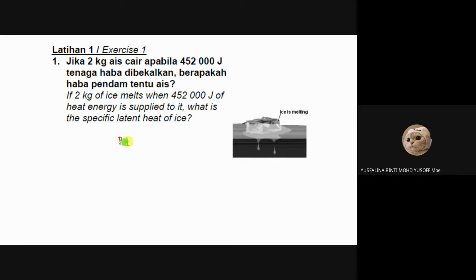So I show you one example. Pt equals ml, or sometimes you use Q equals ml. This is the quantity of heat energy needed to change the phase, let's say solid to liquid, without changing the temperature. If electrical energy is supplied, it changes to heat energy, so this is the formula we use.